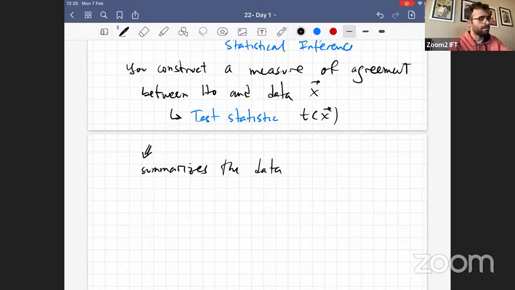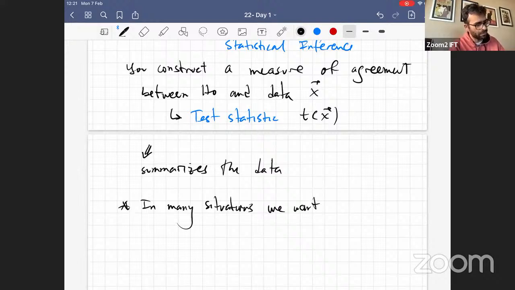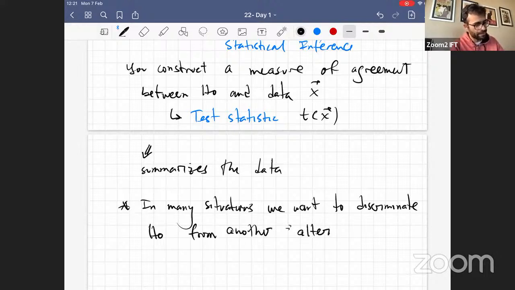Okay. So in many situations, we want to discriminate the null hypothesis from another hypothesis, which is called the alternative hypothesis.